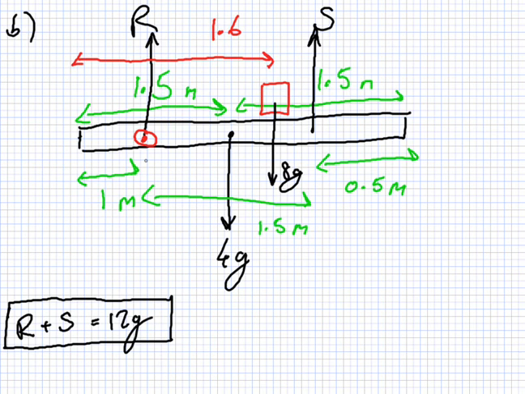I'm just going to find both at the same time. So if I use this turning point, firstly, this one here, is it clockwise or anti-clockwise? Clockwise, isn't it? So that would be 4g, and what's the distance to it?